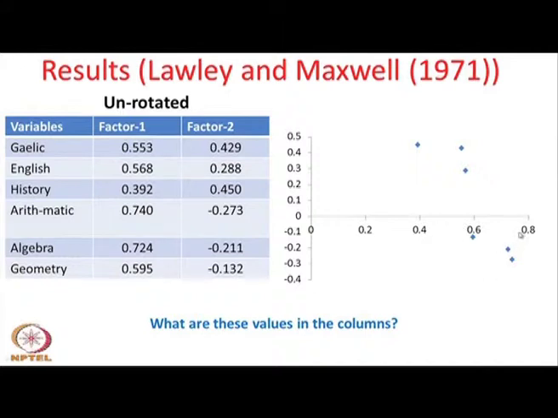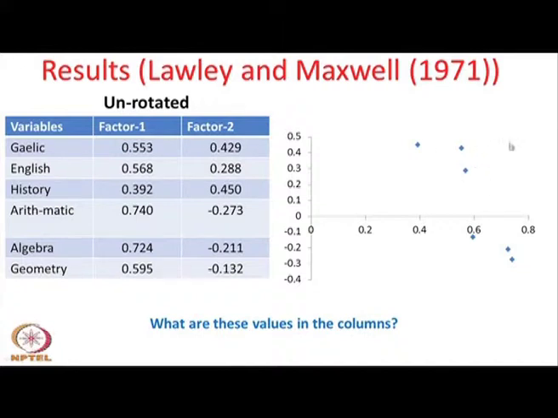So, if we consider these two axes, F1 and F2, that we have considered, then you find that these three, arithmetic, algebra, geometry, are highly loaded with factor 1 and lowly loaded with factor 2. But you cannot say that about the literature-related ones like Gaelic, English and history.